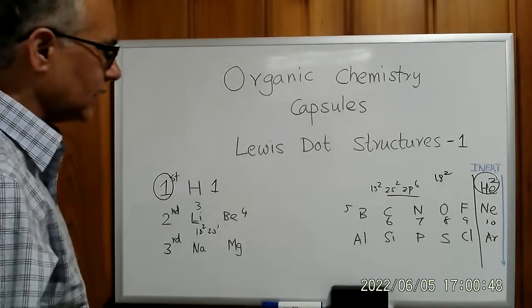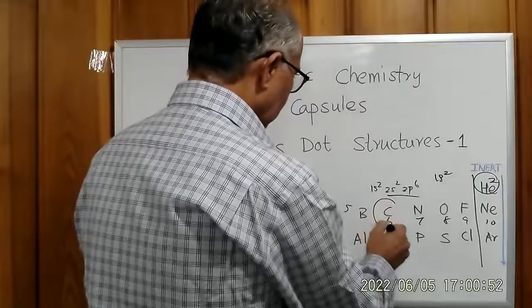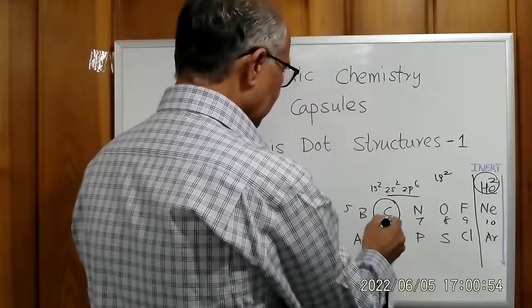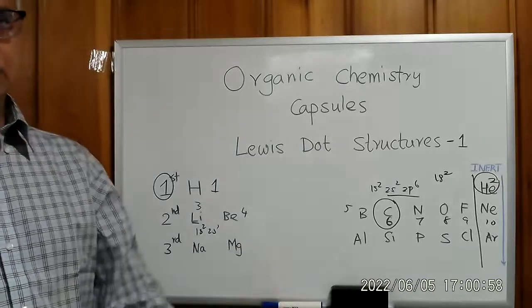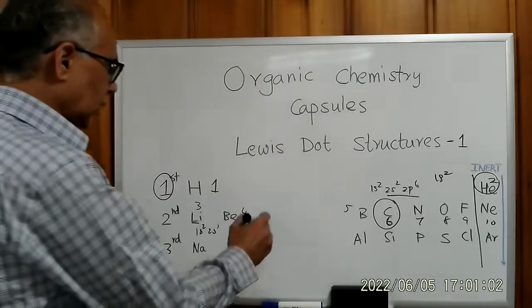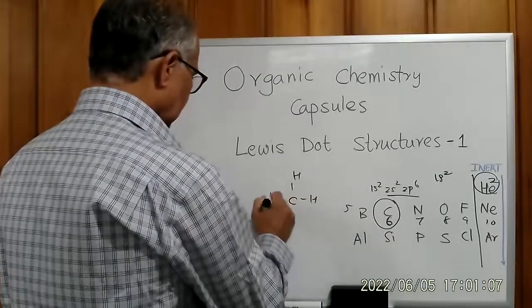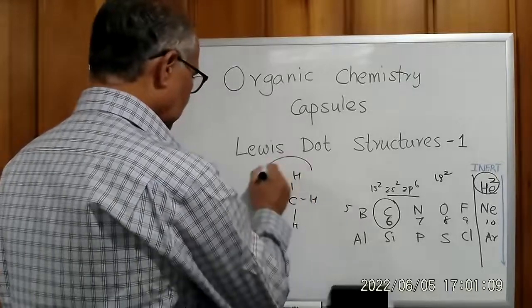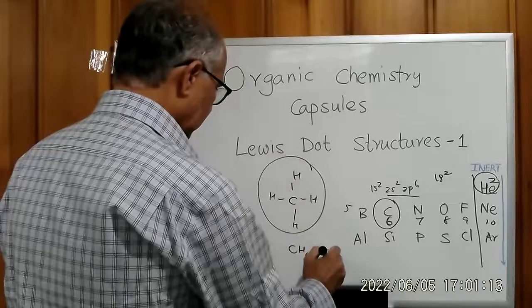Its valence is satisfied. But take a look at carbon. Carbon has 6 electrons. It needs 4 more electrons to become like neon. So it tends to react, make 4 bonds. For example, it can make 4 bonds with 4 hydrogen atoms to make a molecule, CH4, methane.